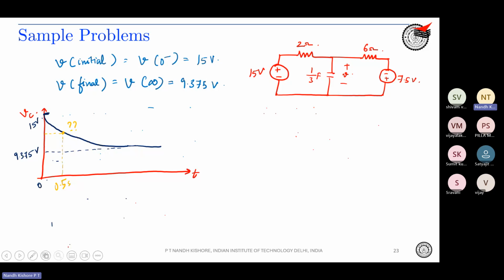So we understood that the voltage is just changing from 15 volts to 9.375. Basically my capacitor is discharging. Do you understand till this point? Any doubts?